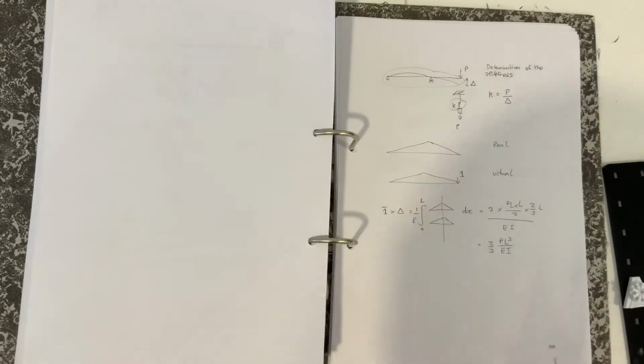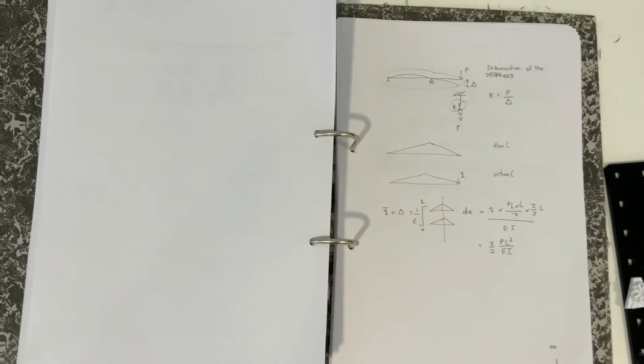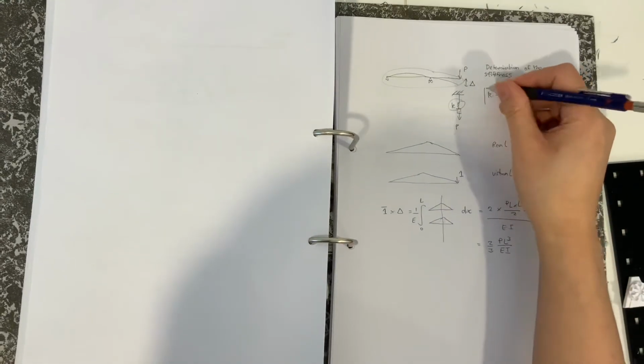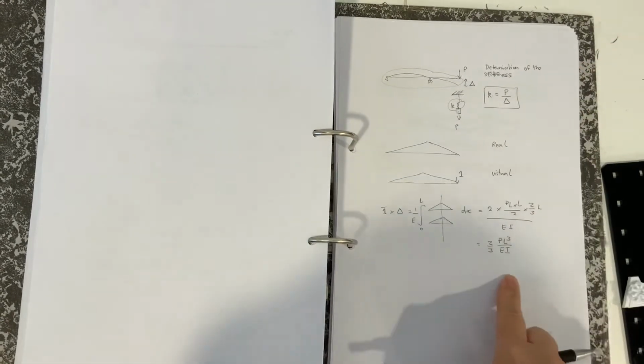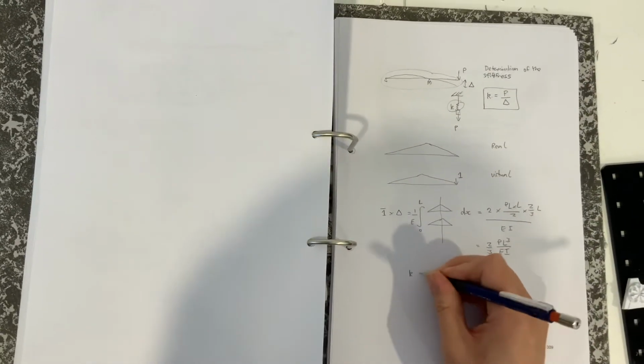Okay. So when we say what is the stiffness of the structure, hopefully this is a very simple sum for you to do. We're basically saying put that into the equation.